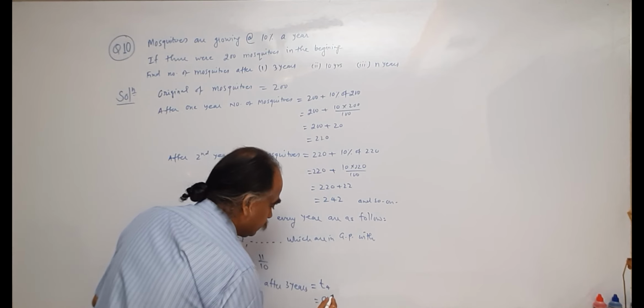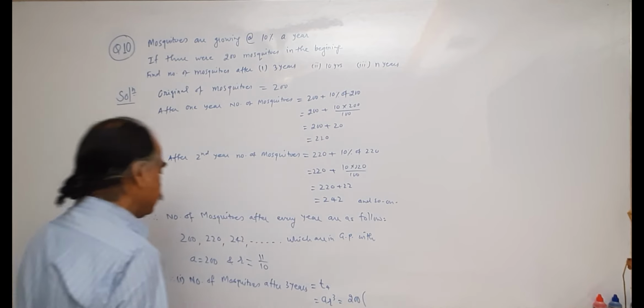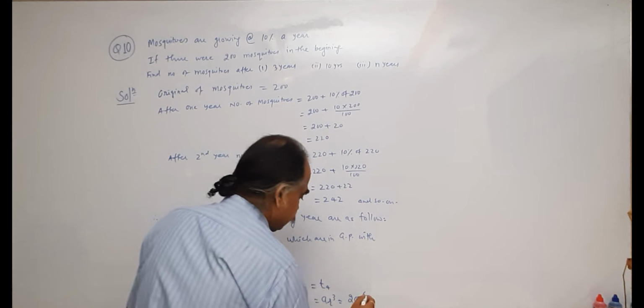A R cube. 200 into 11 by 10 raised to 3.